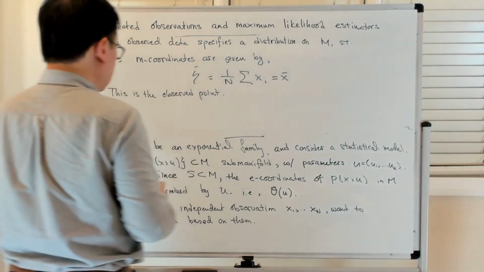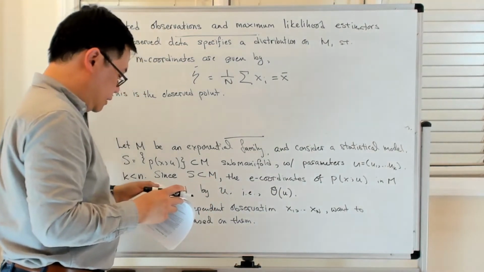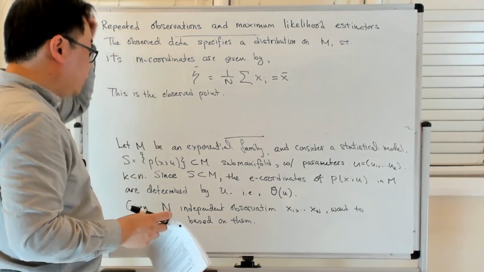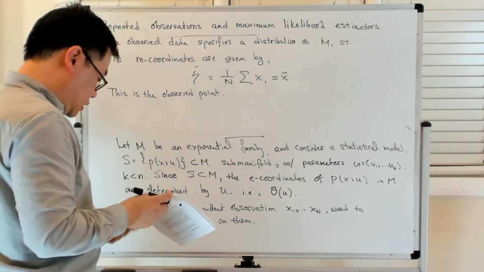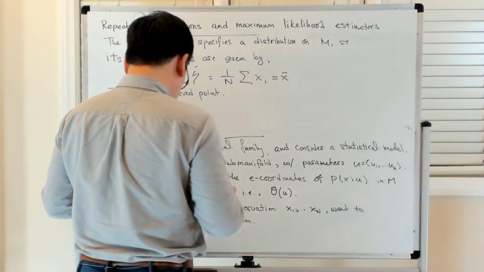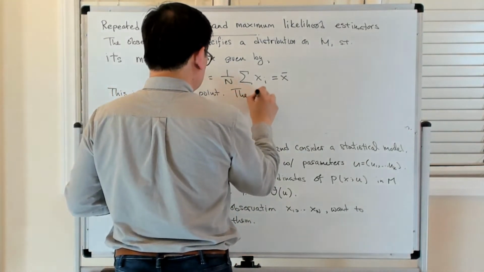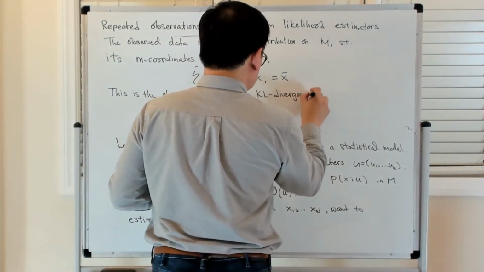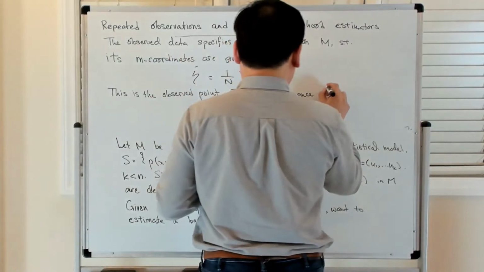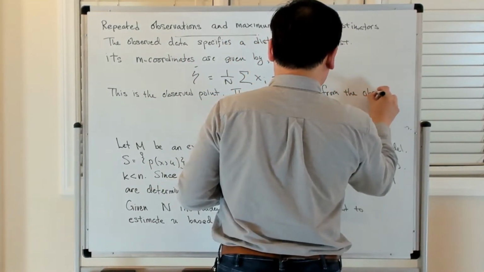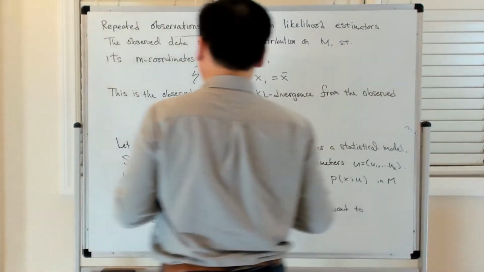Then you can ask, what is the KL divergence from this observed point to a distribution in S? So the KL divergence from the observed point.